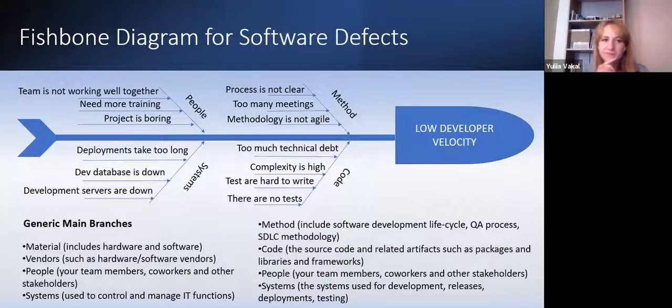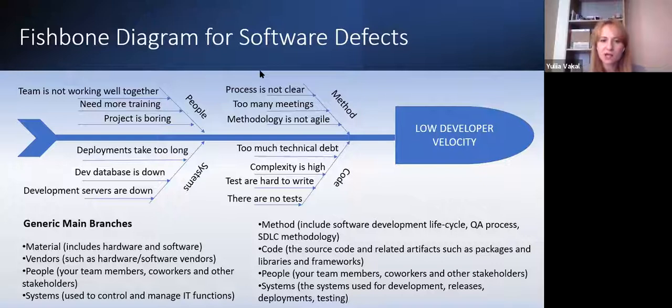So, for instance, here we have another two sets of categories which you could use in software testing or software development. We have an example here. The problem is low developer velocity. Why does it happen? Here we have four categories of factors.